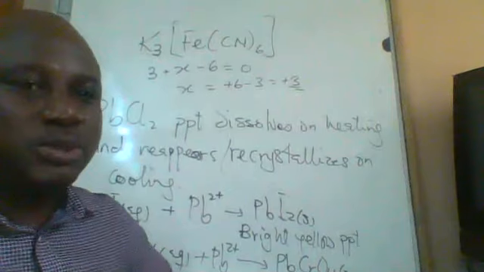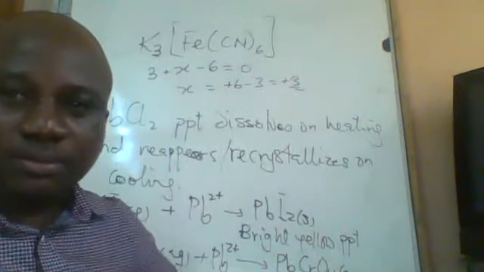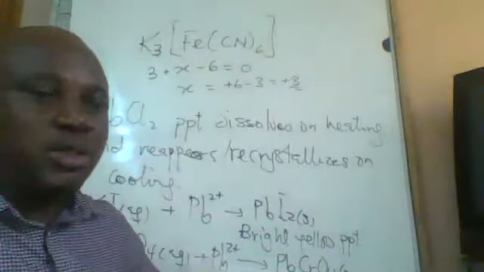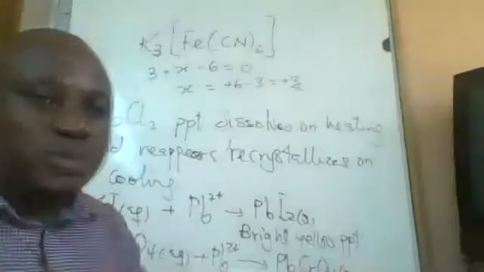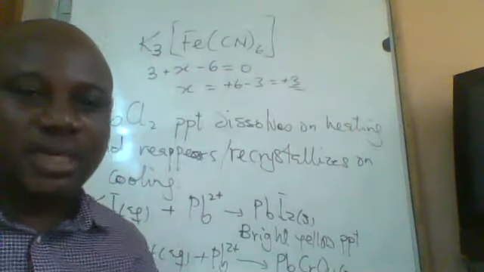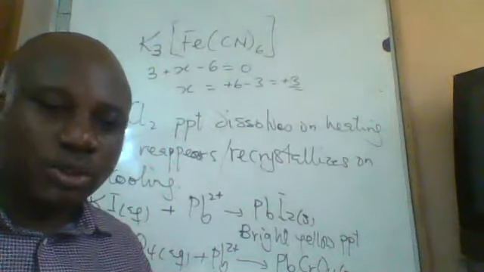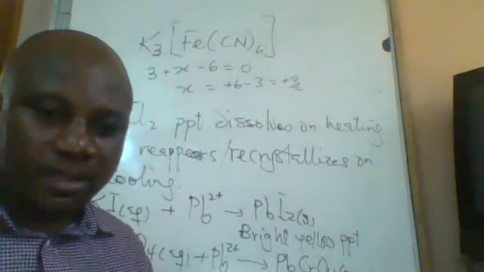So when it comes to those transition metals, like I said, by their color, you know them. So the preliminary test alone is telling you that it is this ion which is there. The confirmatory test is just an added test to be sure that it is that particular ion which is there.